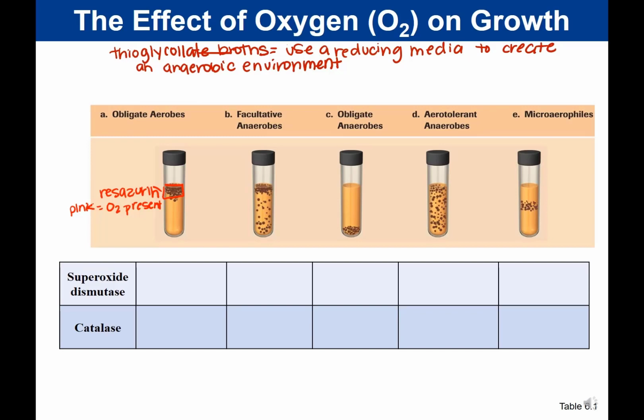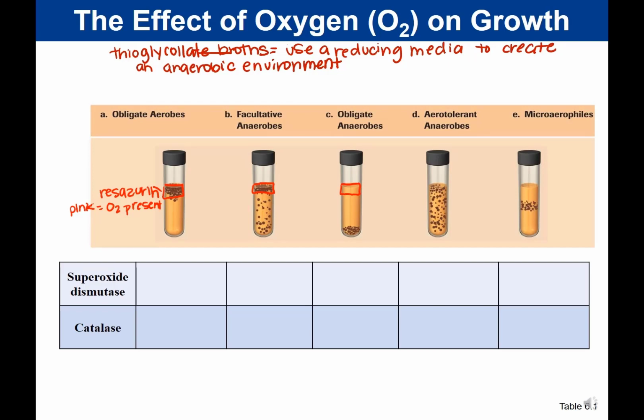The facultative anaerobe is going to grow best where O2 is present, so best where it's pink, but it will still grow in the bottom part, the anaerobic part. In the case of an obligate anaerobe, it's not going to grow where the tube is pink. It's going to grow towards the bottom. It might be settled at the very bottom, or it might be all throughout the part underneath the pink.